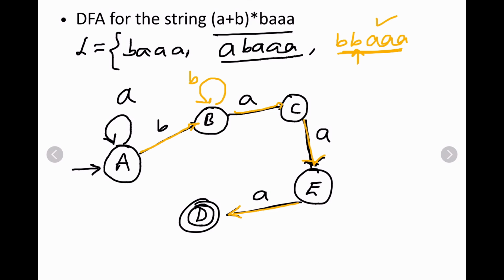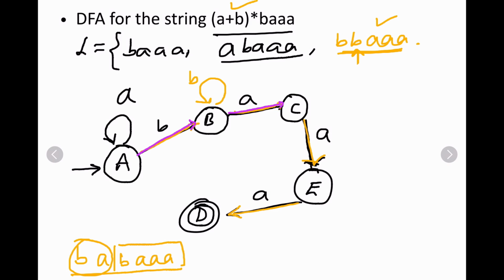Similarly, suppose one more combination. I'll take a similar input, I'll write it here: abbb. This is also a valid string. Why? Because it ends with bbb, and any combination of a and b's at the beginning is allowed because of (a+b)*. Because for b we already have a transition, then we'll take a.